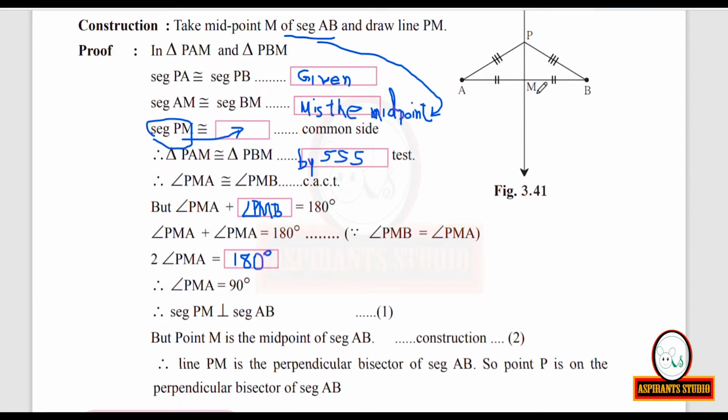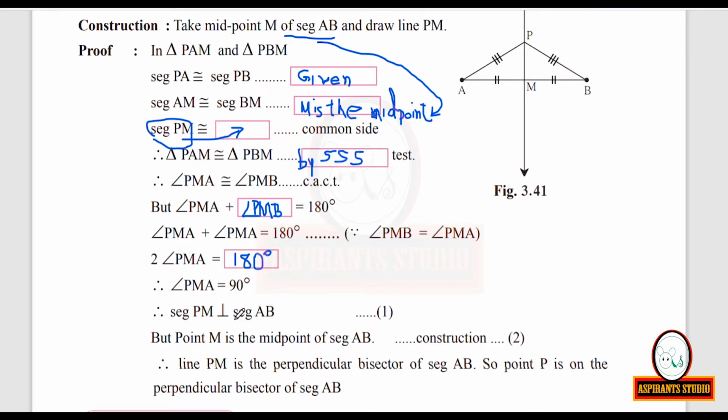But we all know point M is the midpoint of segment AB because of our construction. Now consider this as equation 1 and the second one as equation 2. Segment PM is perpendicular to segment AB, take it as equation 1. And point M is the midpoint of segment AB, because of our construction, you are taking that statement as equation number 2.